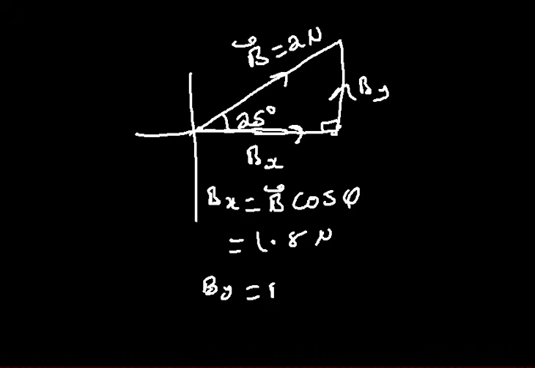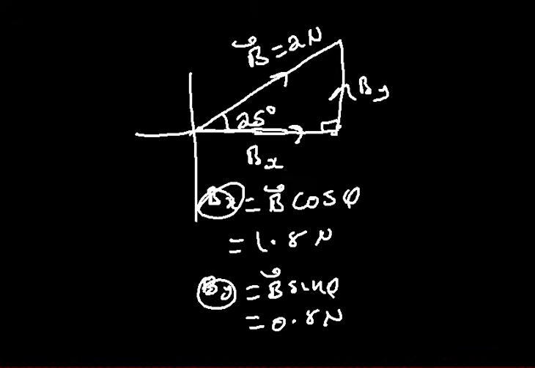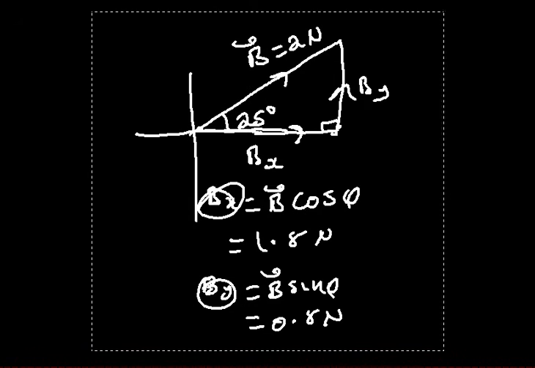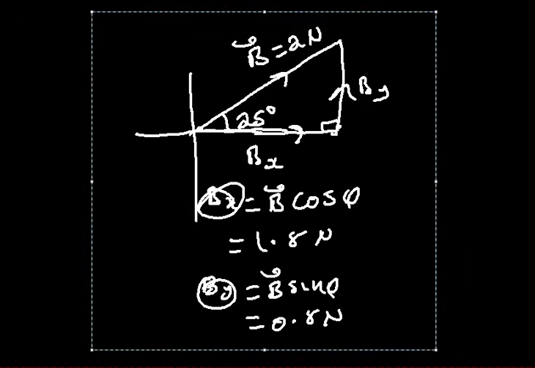So we have it as vector b sine theta, which is the same as 2 times sine of 25. That is given as 0.8 newtons. So these are the components of the vector b, as you can see there. And the components are all positive because they are pointing towards the positive directions.